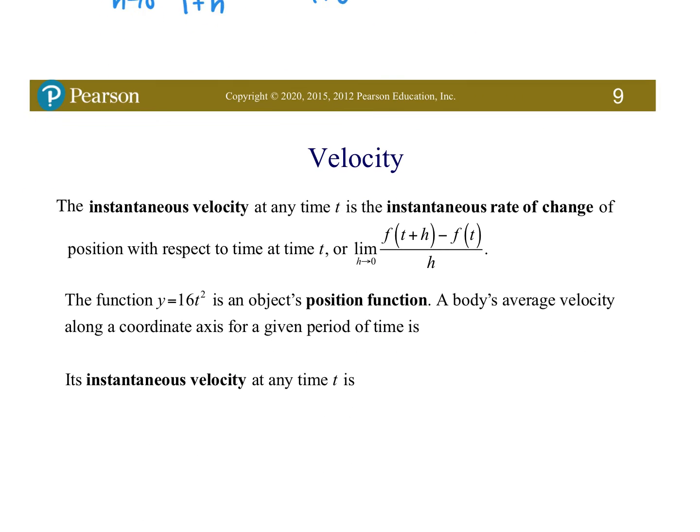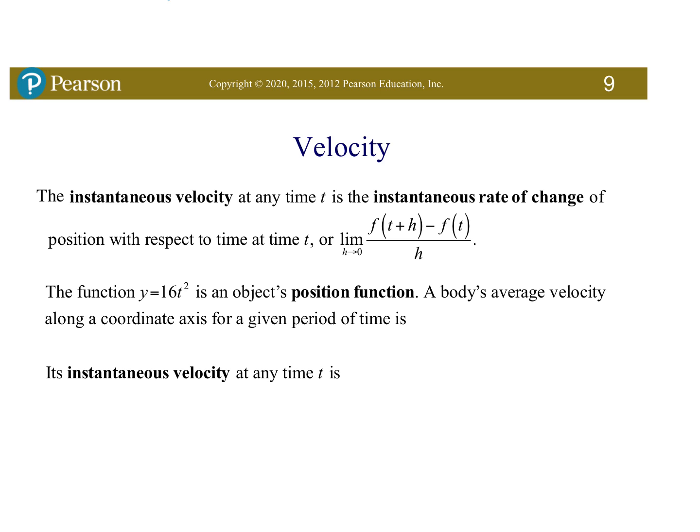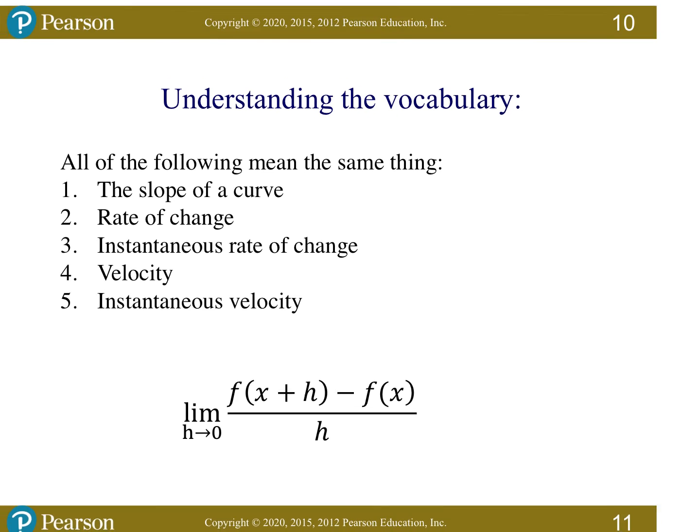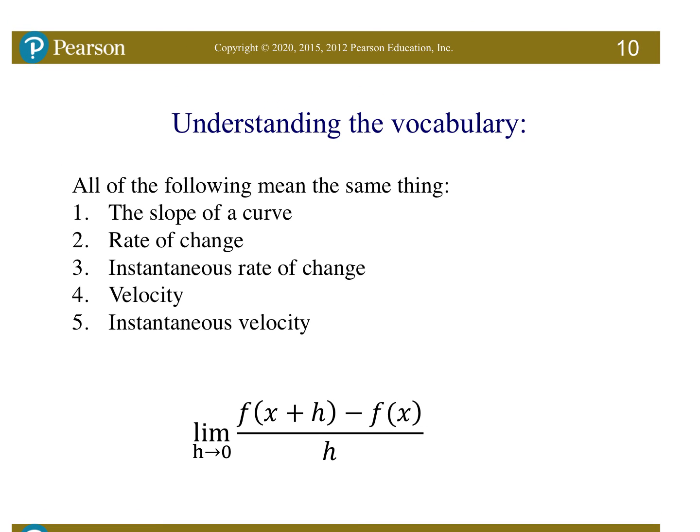All right, in physics, we call this velocity. The math is the instantaneous rate of change. The word in physics is velocity. Words like how fast, speed. So that leads you to just understanding vocabulary.